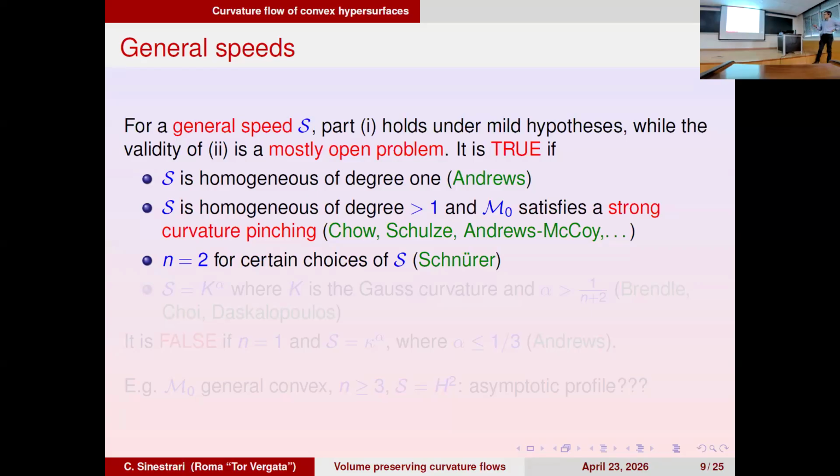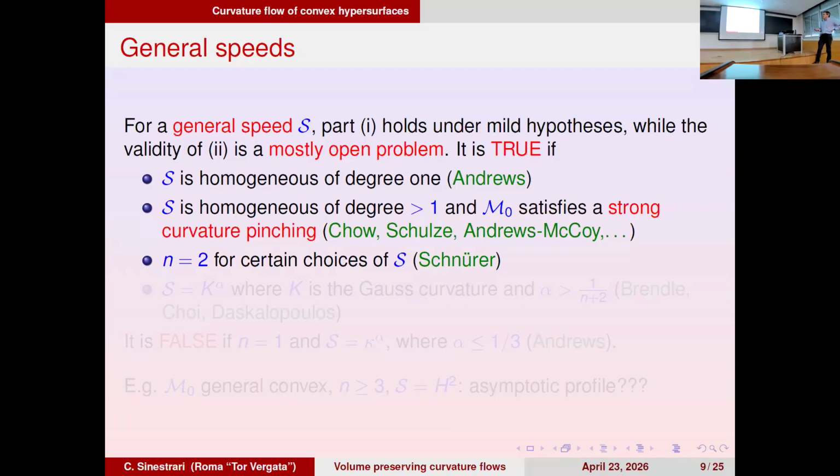And knowing that the profile becomes round is known for a large class of speeds homogeneous of degree 1, and, as I was saying, very generally for speeds of homogeneity degree larger than 1, but with a strong curvature pinching assumption on the initial data.